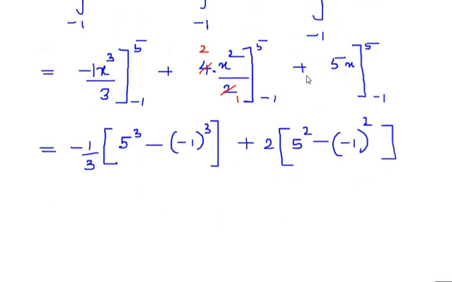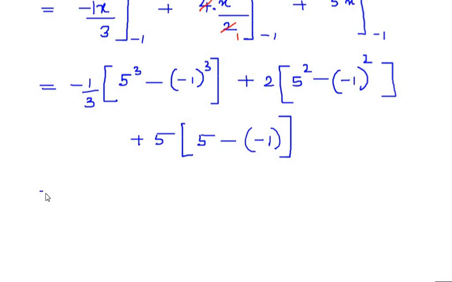Finally, the last term, plus 5x. So plus 5 is a constant, let me keep it out. And inside the bracket, in place of x, first the upper limit, that is 5, minus the lower limit, -1.